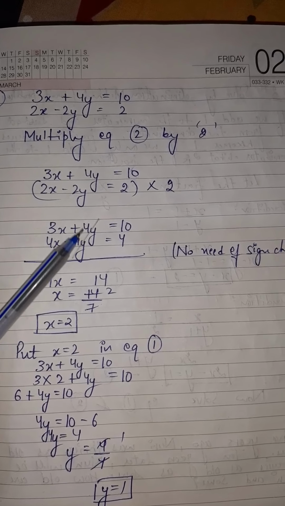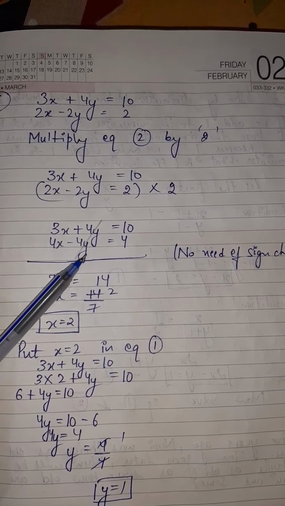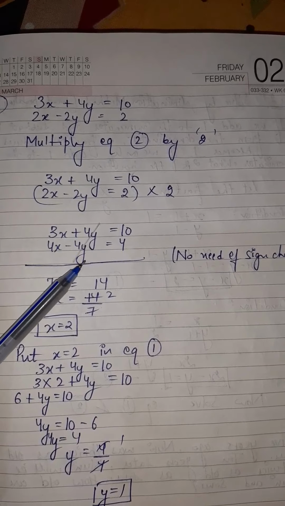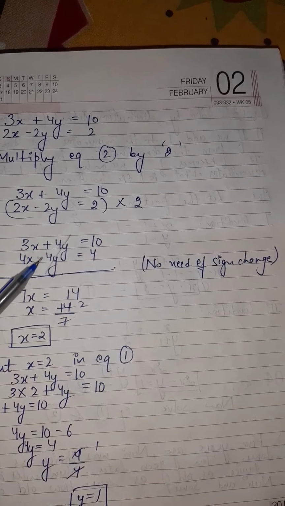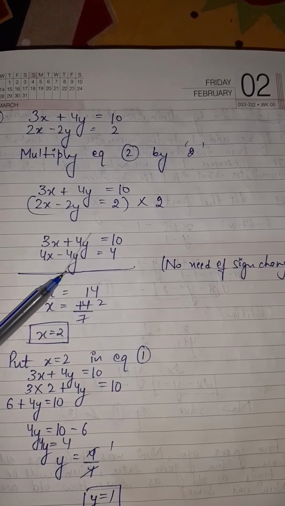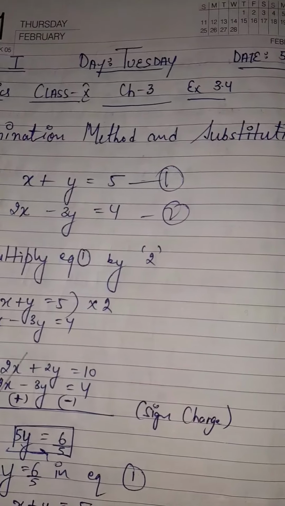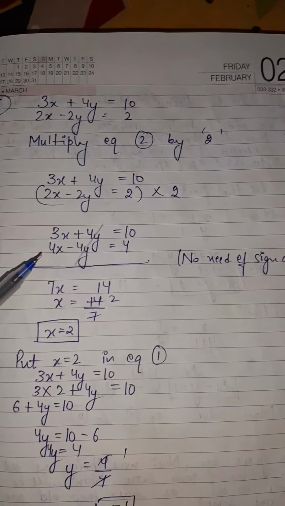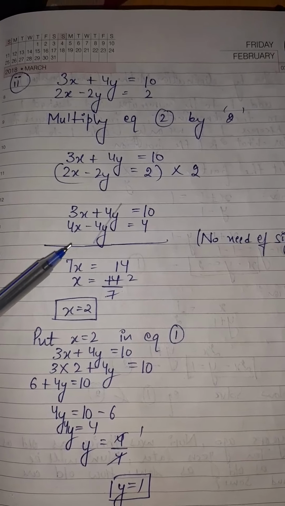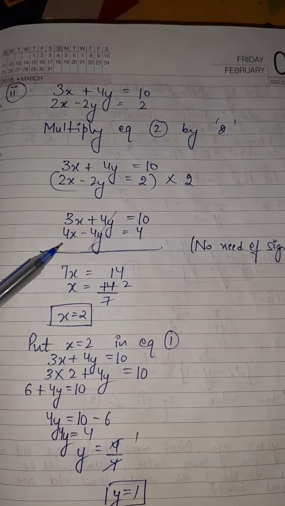They already consist of opposite signs. There is no need of sign change if the signs are opposite, and you can easily solve them. In the previous question it was the same, but I have not chosen this because I have to explain it in this question. That's why. You can do the previous question in the same way which I have done right now.